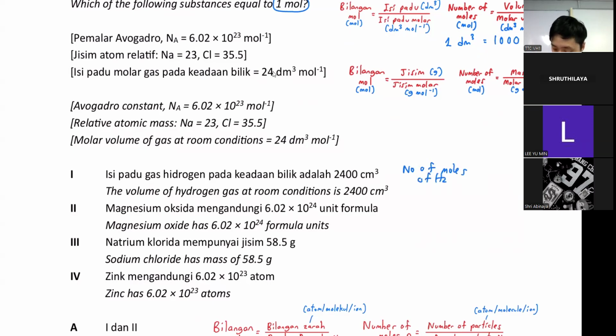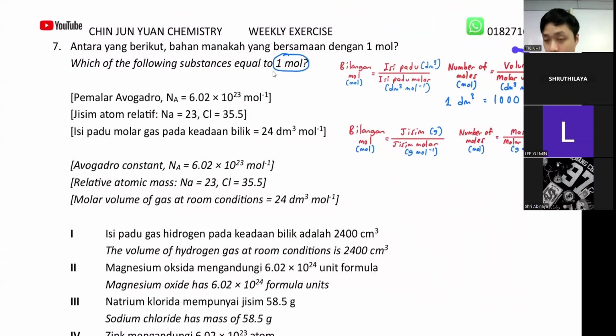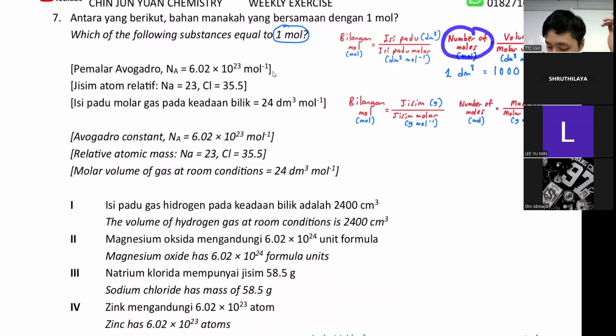Sorry, they want volume, isn't it? So if they want volume, it means you have to use number of mole multiply molar volume. Number of mole multiply molar volume, then you will get volume.